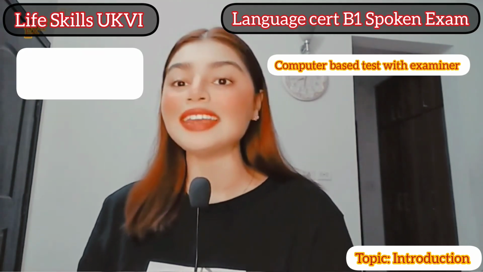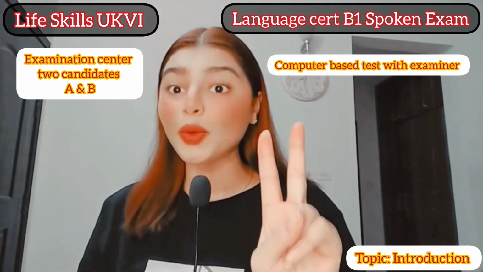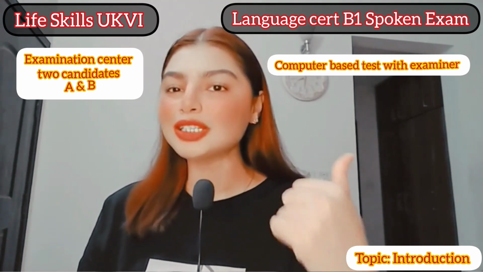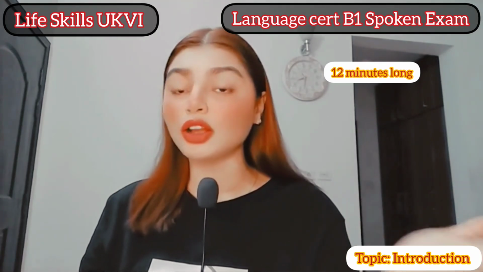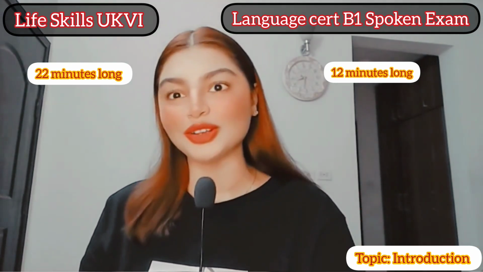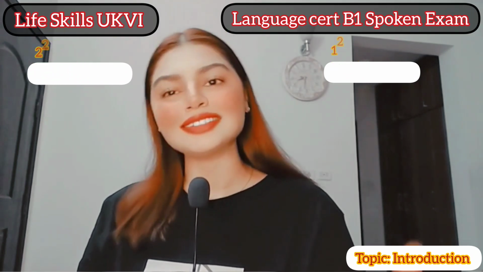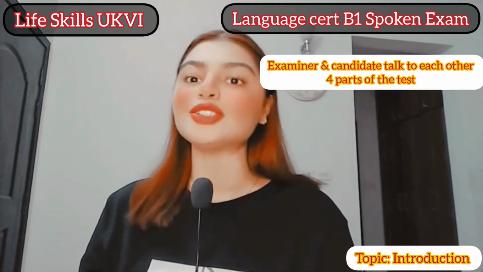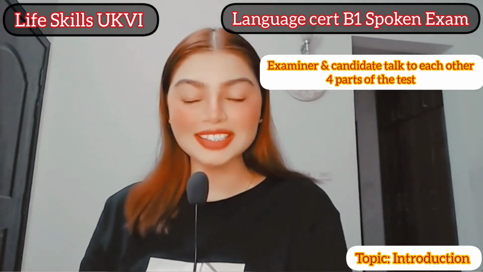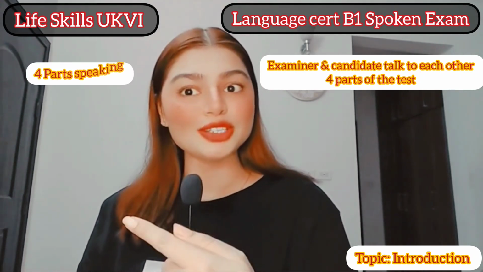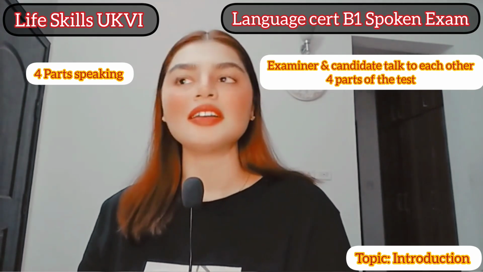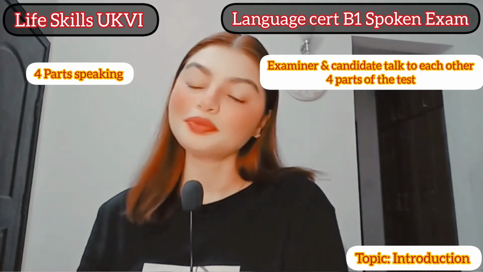This one is taken in the examination center with 2 candidates, candidate A and candidate B. This one is only 12 minutes long, while this one is 22 minutes long, right? And the examiner and the candidate talk to each other. There are almost 4 parts of the test. And for this one, also 5 parts of the test, because listening is a part of it.